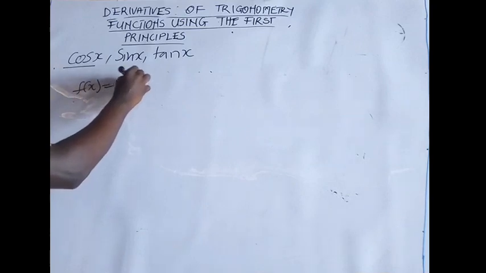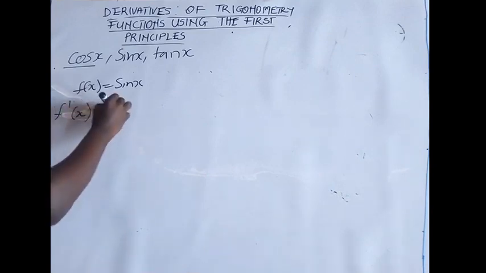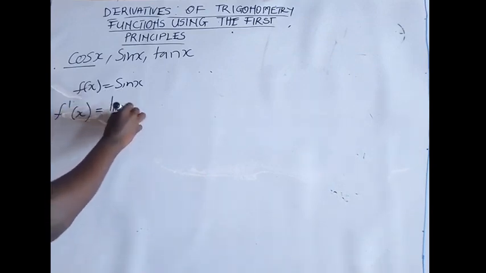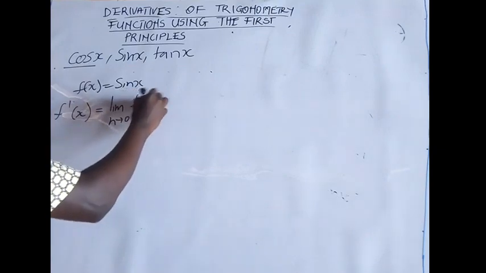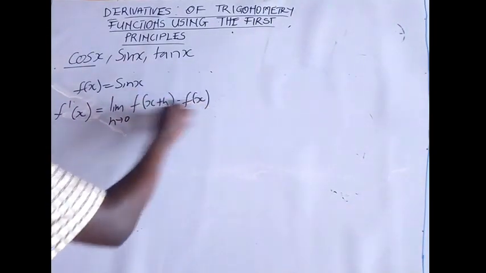So let's take sine x. So f of x is equal to sine x. And then again, the first principle is defined by the derivative of f of x is equal to the limit as h approaches 0 of f of x plus h minus f of x all over h.